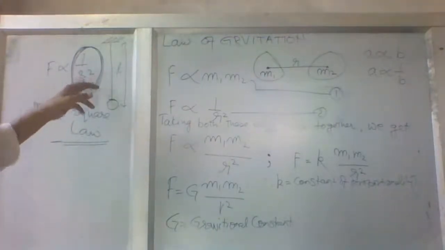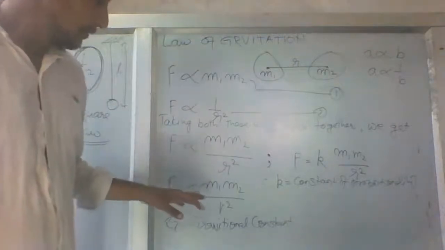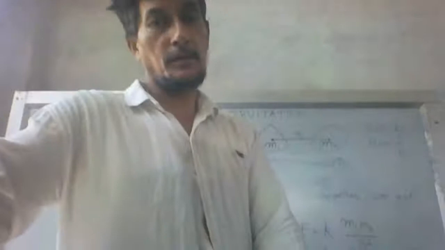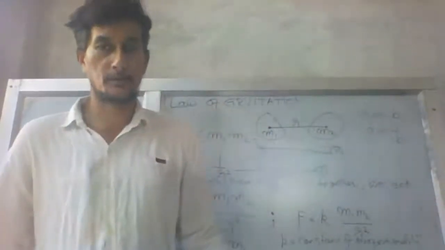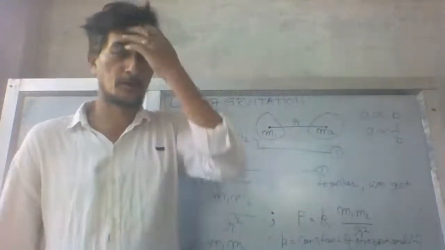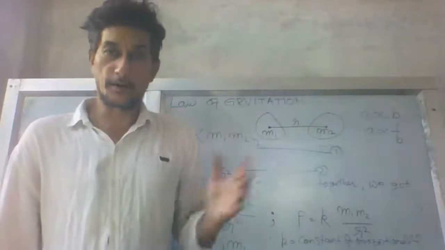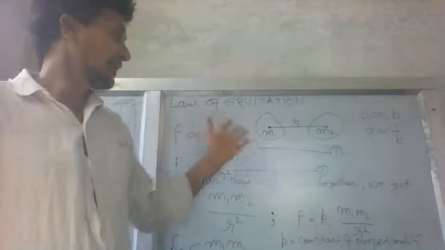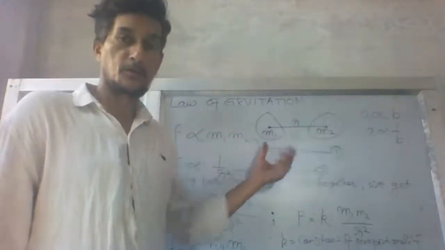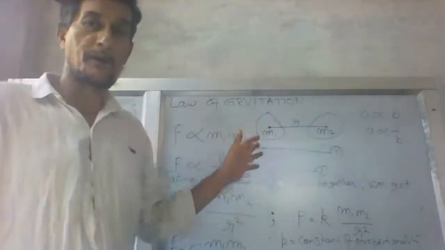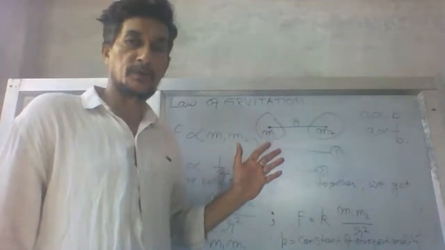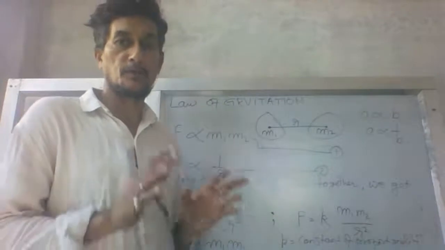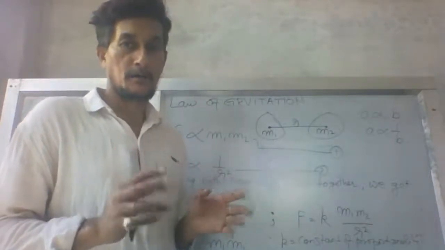This is called the inverse square law. Most of the celestial objects follow the inverse square law concept. So you got it? A very important phenomenon, the law of gravitation. When there are two celestial objects or two planets, one planet has the mass m1, the other has the mass m2, and the distance between these two masses is r.